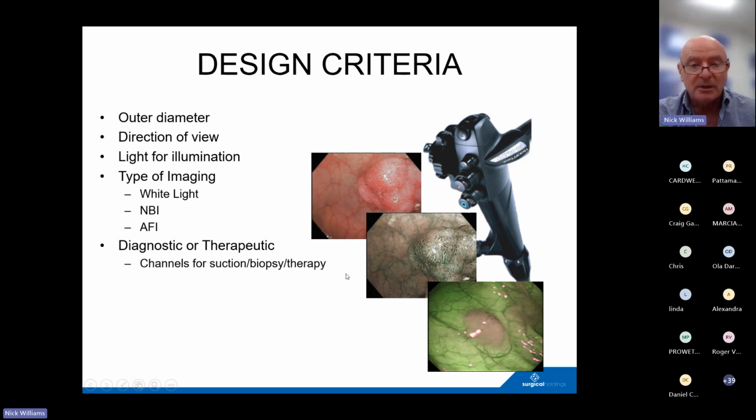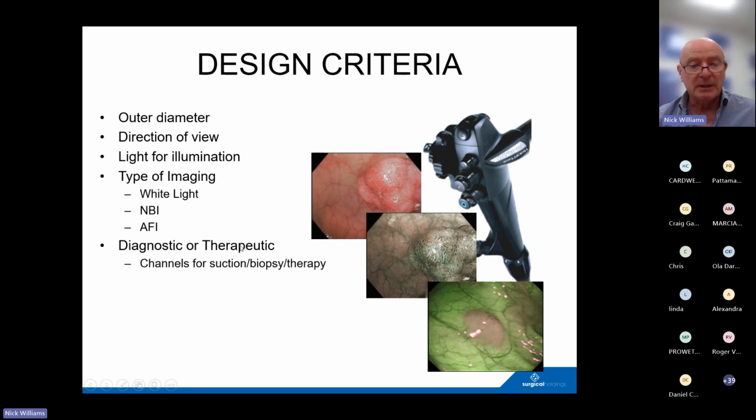what do you want in terms of diagnostic or therapeutic. Just to explain the type of imaging, that's standard white light, what's termed as white light imaging. There can be other types of imaging depending on the manufacturer and the supplier and what they're doing. That's called narrow band imaging in this case, and that's autofluorescence, but there's a number of different types of imaging.